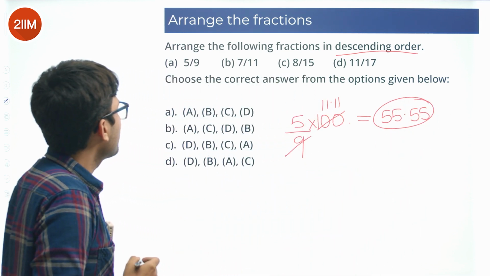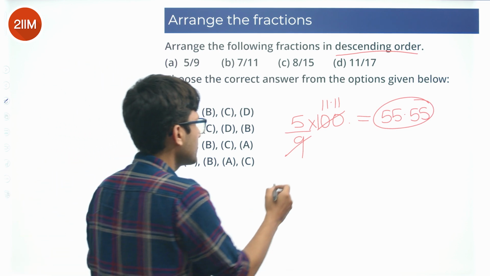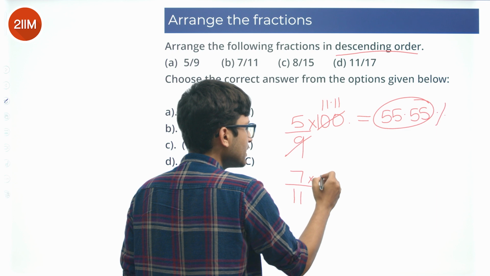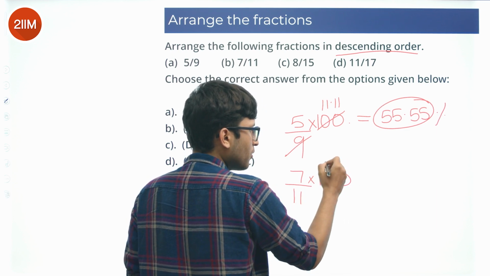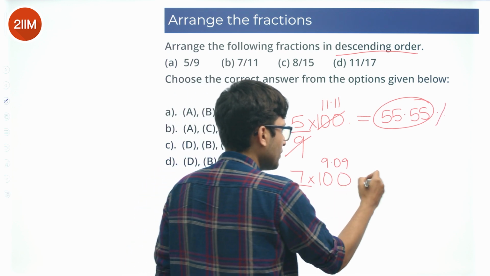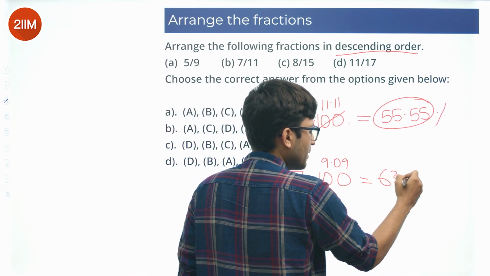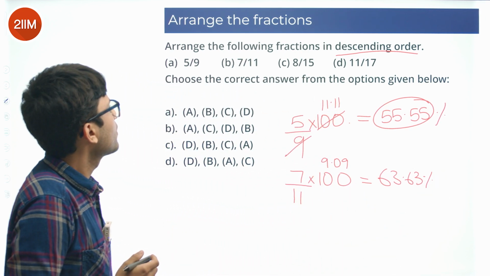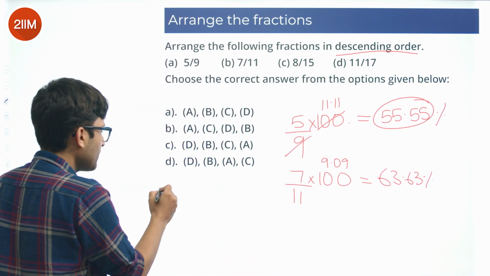My second value is 7 by 11. 100 by 11 is 9.09, so the value is 63.63 percent. Third one, 8 by 15.